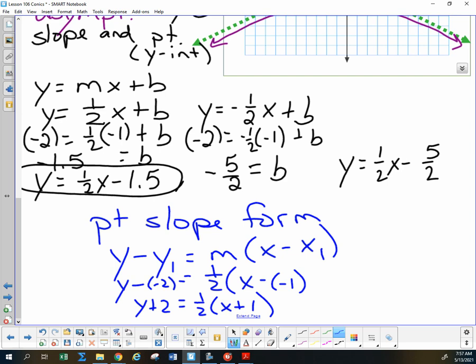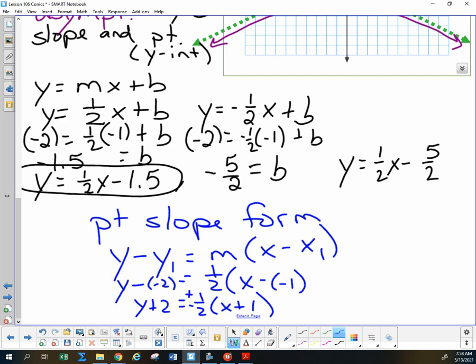And then if we did it with the negative slope, we'd have that. If we distribute it through, we'd get back to the same two equations that we had. The two choices of how to get there: y equals mx plus b, plug in for x and y and get b. Or y minus the y you know equals m times x minus the x that you know, and you don't need to get b, you just need to do your distributing and simplifying.